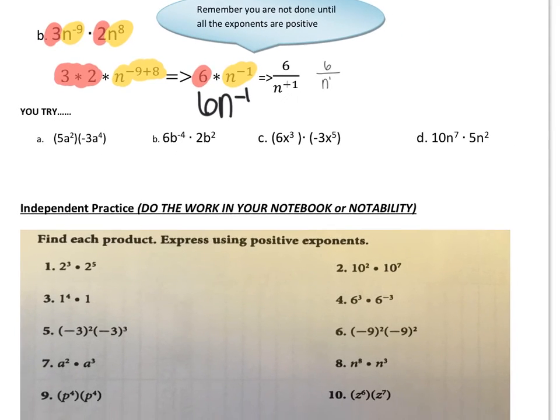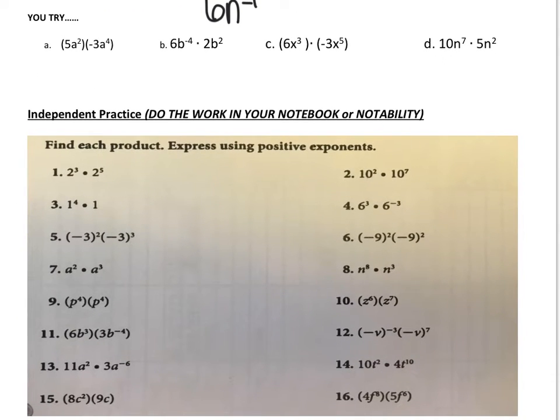All right. Try these 4. I'll give you a few minutes. Use your calculators and make sure that you're putting... Now, do you think that you're going to be able to put 5a squared into your calculator? No, you're using the calculator to do the multiplication of the coefficients.